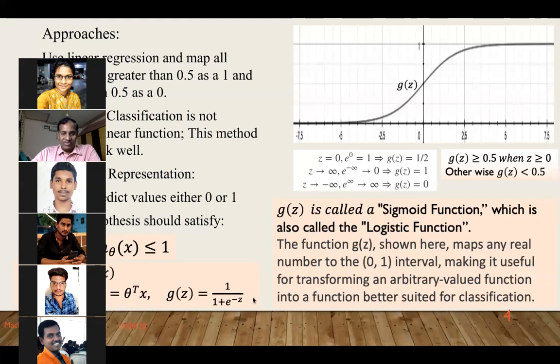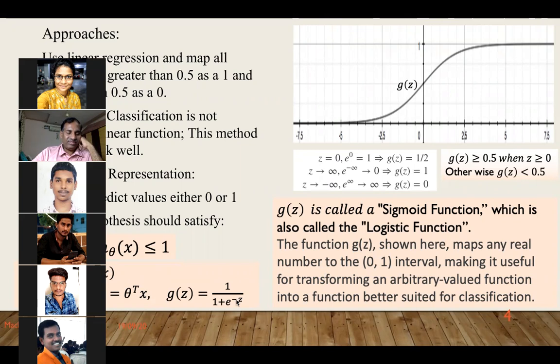So what is the maximum value for this, 1 by 1 plus e power minus z? If you take z as a real value, because theta transpose x is a real value, theta naught x naught plus theta 1 x1, all those things, so z is a real number. Now see, what is the maximum and minimum for this? When will you get the minimum for this function?